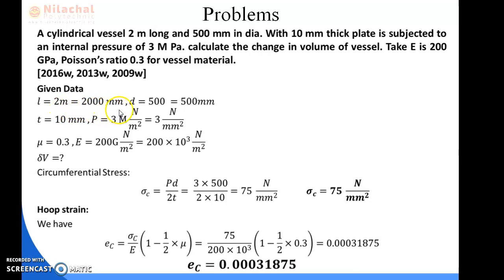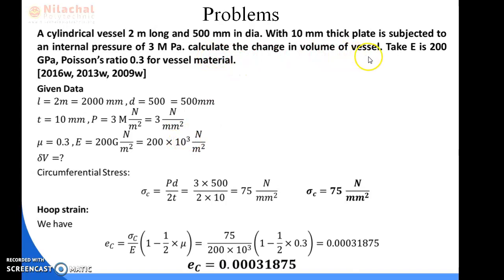If you convert it to mm, it will be 2000 mm. 500 mm in diameter means D, the diameter of the cylinder, is 500 mm. With 10 mm thick plate means the thickness of the plate is 10 mm. Subjected to internal pressure of 3 megapascal means P is equal to 3 mega Newton per meter square. If you convert it into Newton per mm square, then it will be 3 Newton per mm square.